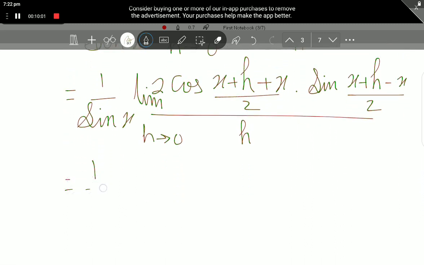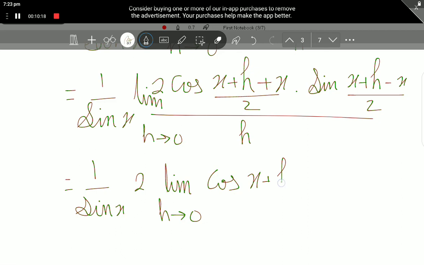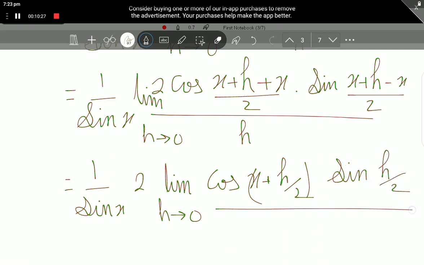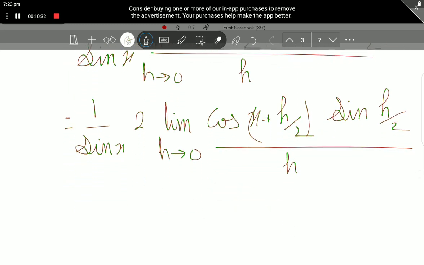We can do a little bit of simplification. 2 we can take out of the limit and write it as limit h tends to 0, cos of x plus h by 2 into sin of h by 2, whole thing divided by h. Now if h tends to 0, h by 2 will also tend to 0.